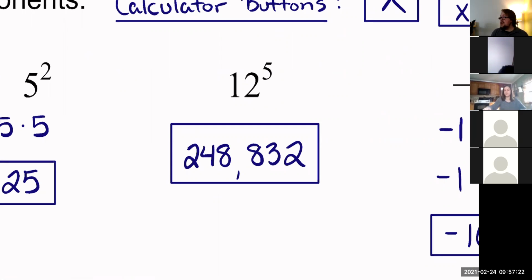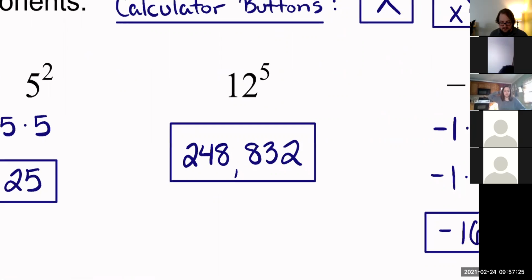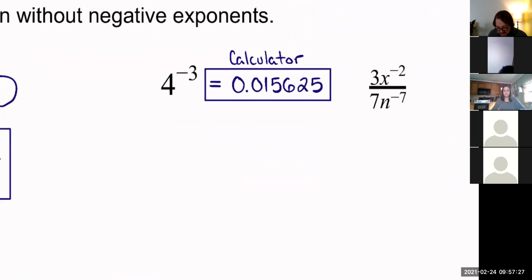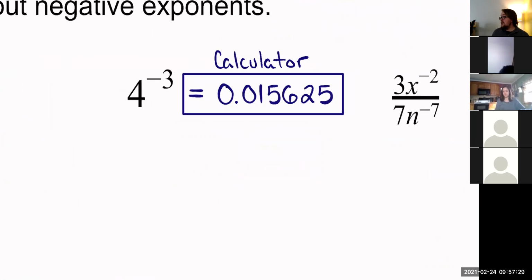Typically, positive exponents make really big numbers. So maybe it makes sense that a negative exponent would have the opposite effect. It makes a really small number. So positive exponents make really big numbers, negative exponents make really small numbers.